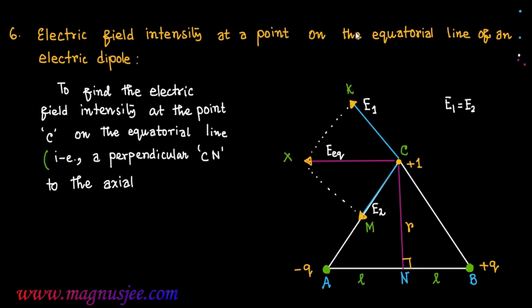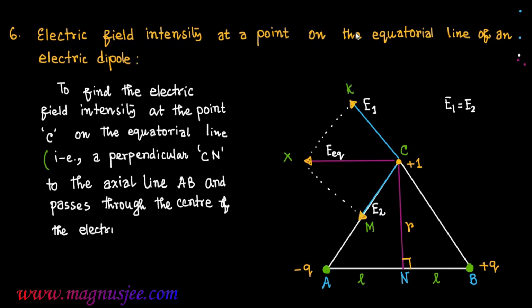A perpendicular CN to the axial line AB passes through the center N of the electric dipole AB.